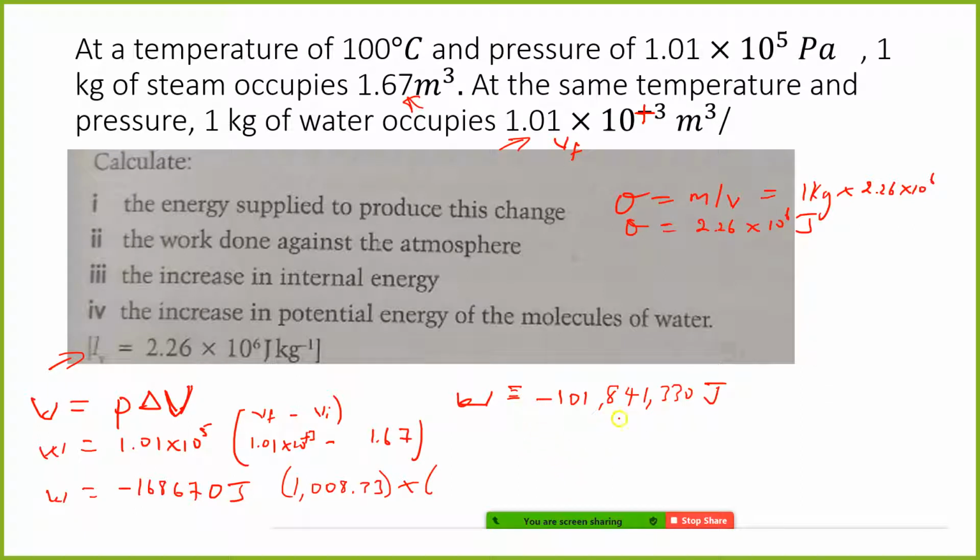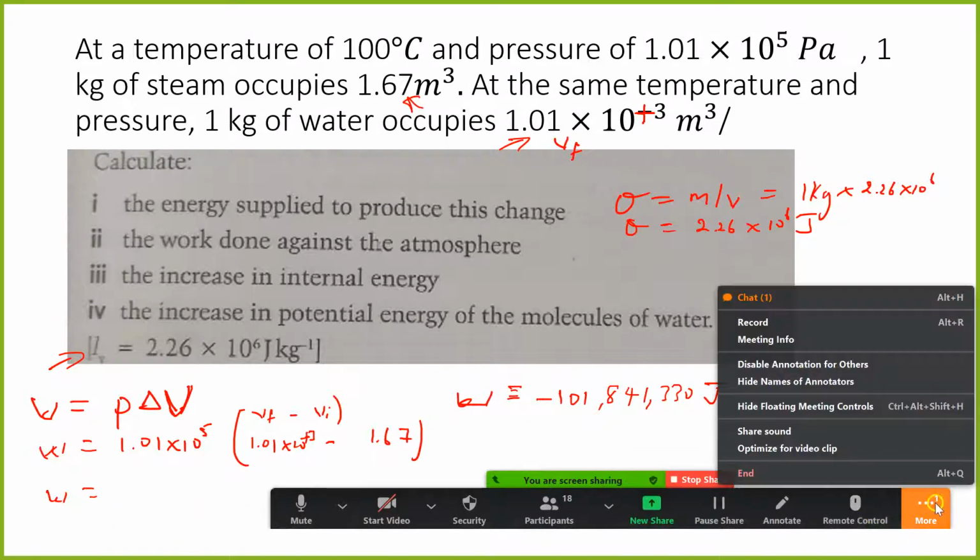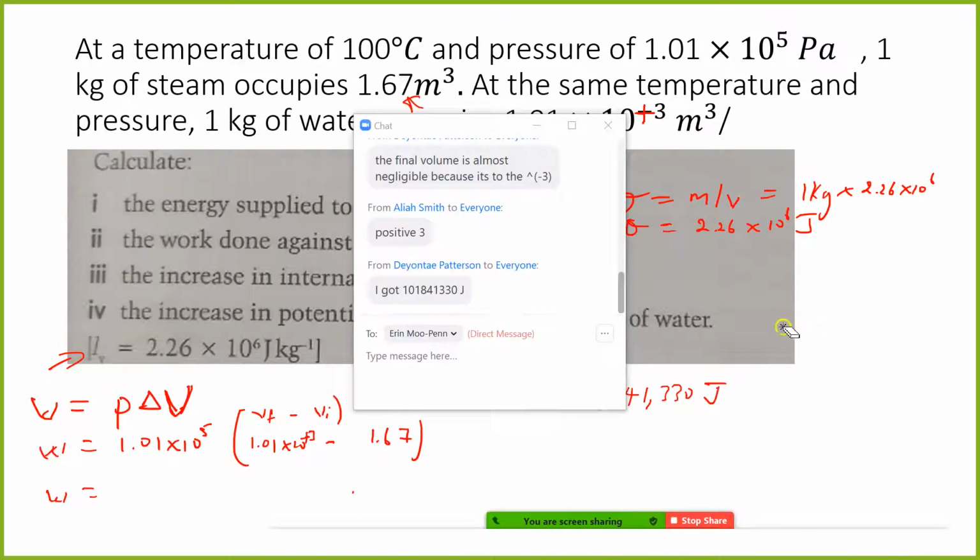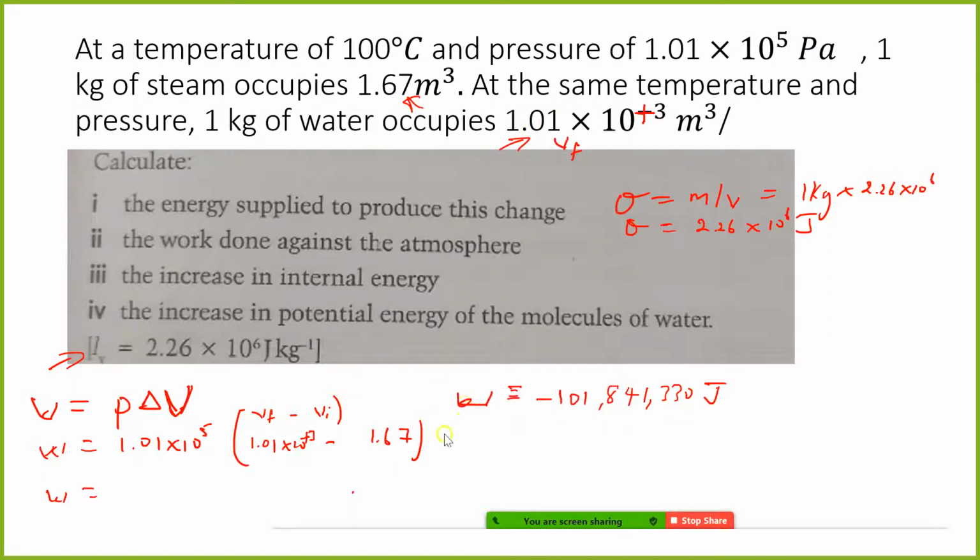This is the work that I'm getting when I do my calculation, right? So I don't know. Let's check and see if that's what you're now getting if we consider that the volume is such. All right, good. It's going to be negative because you're doing work against the environment.